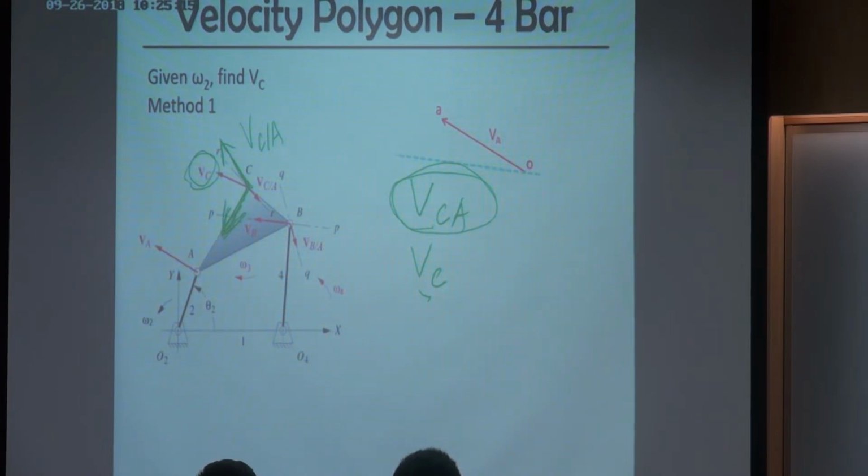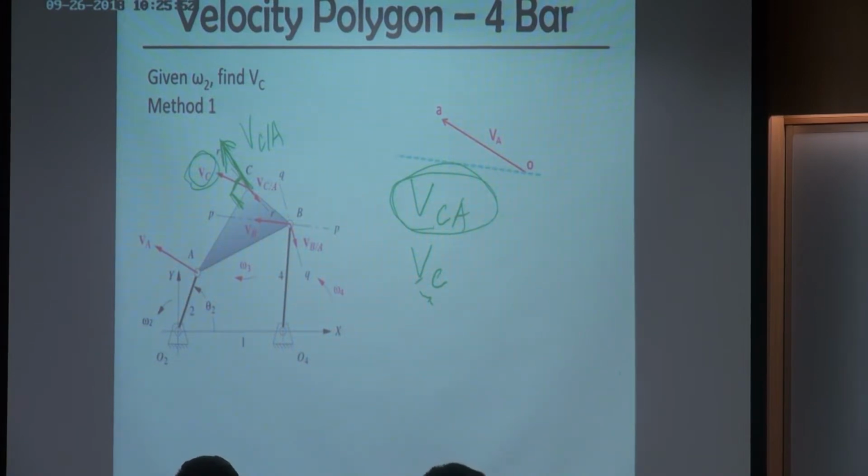So the only possibility is this one, either this way or the opposite way. I just use one way to represent it. It's not going to point from C to A, so I'll just erase this one, which is impossible. I didn't draw it very accurately, but for your information, these 2 lines are perpendicular. So VCA is perpendicular to the line CA.